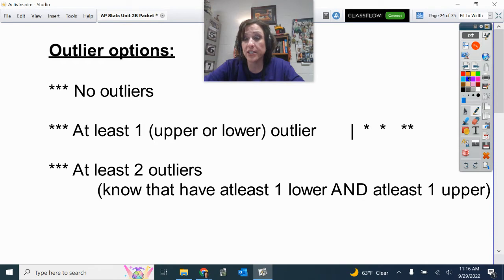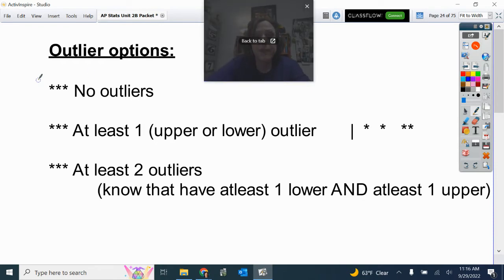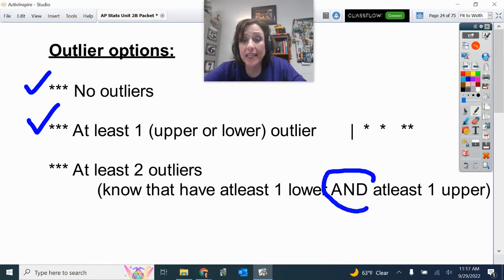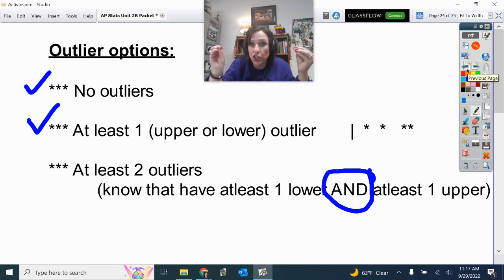Now look at the other options that you can have. If there were no lower or no upper, then you would have no outliers. Here is at least one, where it was either the upper or the lower. And then at least two would happen only if you have at least one lower and at least one upper, then you know for a fact that at the very least there are 2.